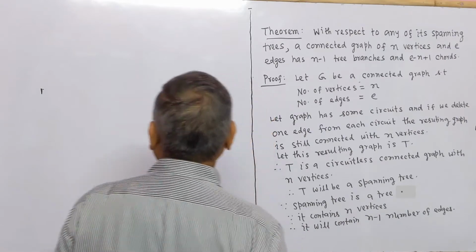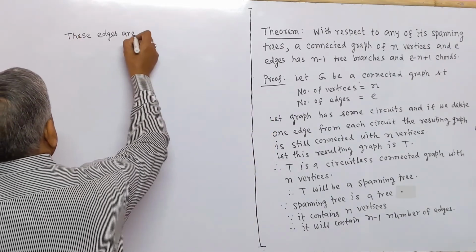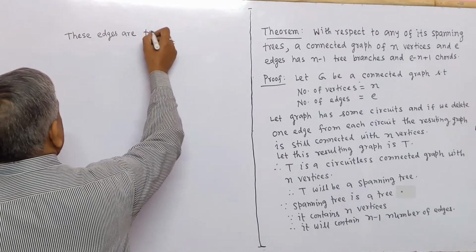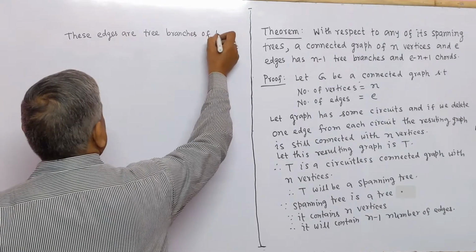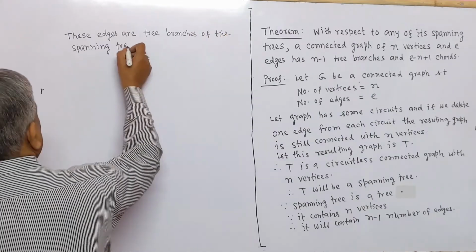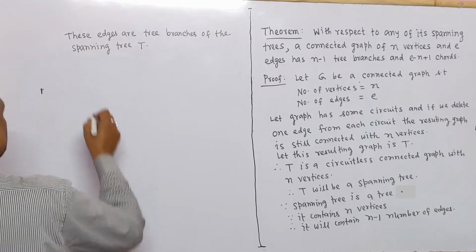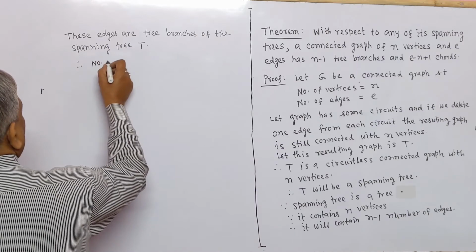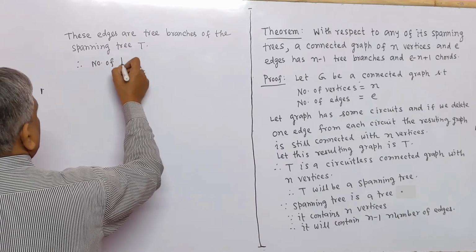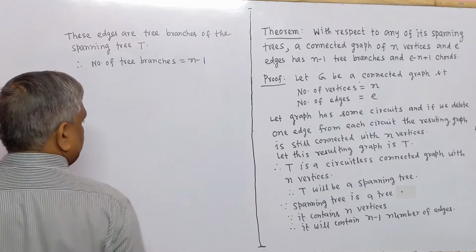And these edges are tree branches of the spanning tree T. Therefore, number of tree branches equal to n minus 1.